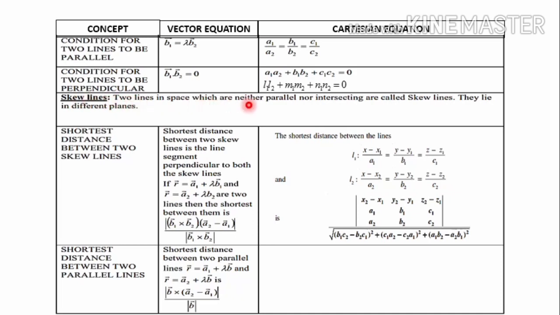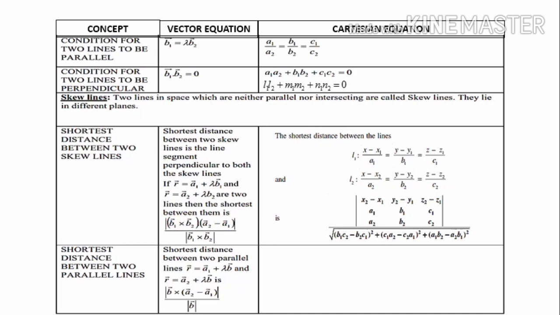Skew lines are lines which are neither parallel nor intersecting, and they lie in different planes, that is, they are non-coplanar. The shortest distance between two skew lines we have learned. There we used the modulus together, but here I'm keeping it separate because it is easy for you to calculate.